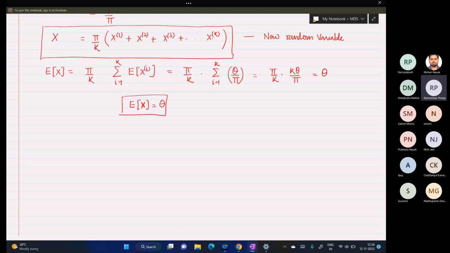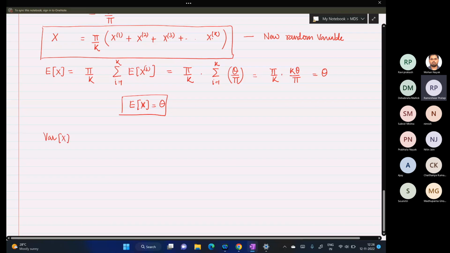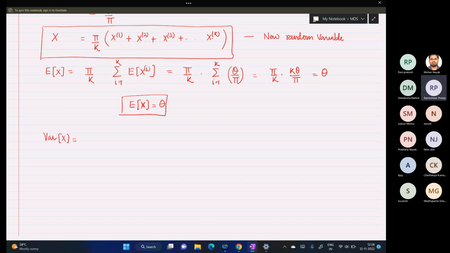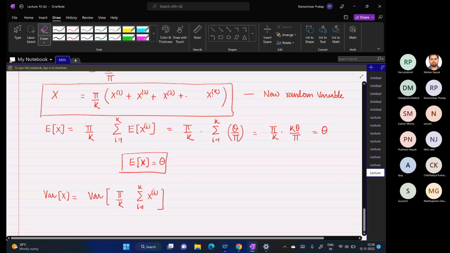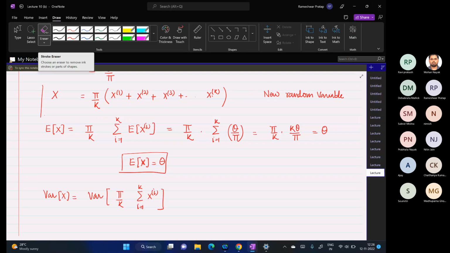Yes, sir. Okay, so now let's calculate the variance, and it's again very simple. Variance of x will be what? We need to calculate the variance of pi by k times the sum of xi, i from 1 to k.